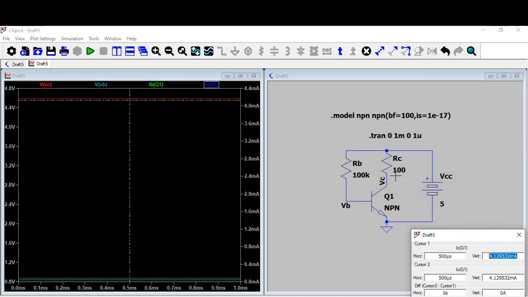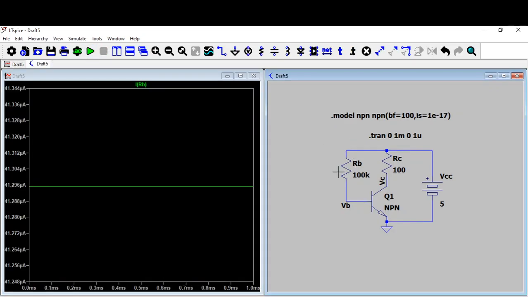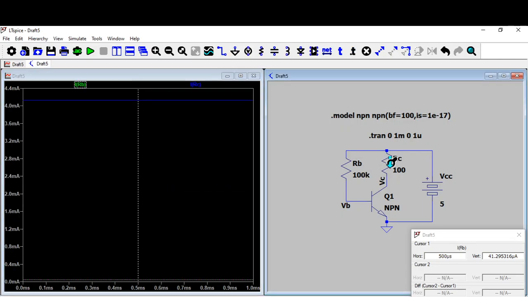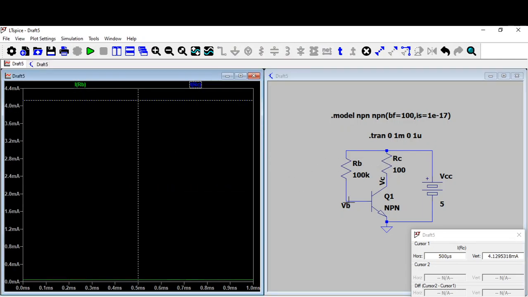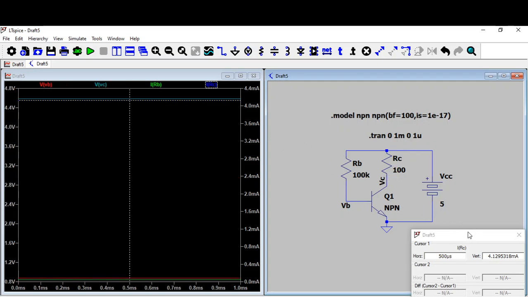We are getting a current of, okay, let me just go back and see. This is 100K, this is 100, this is 5. Let me rerun it. Okay, it is 41 point something, and this current is now 4.1, and this is 870, and VC is at 4.5.